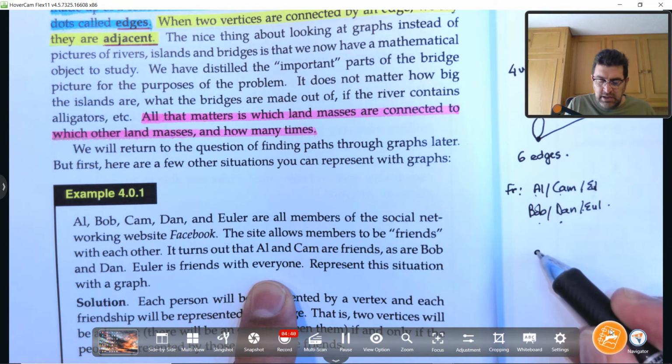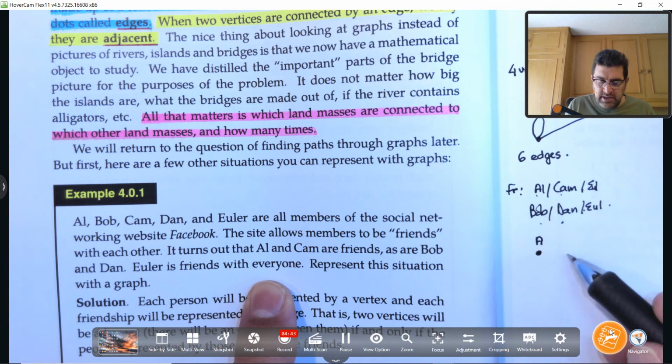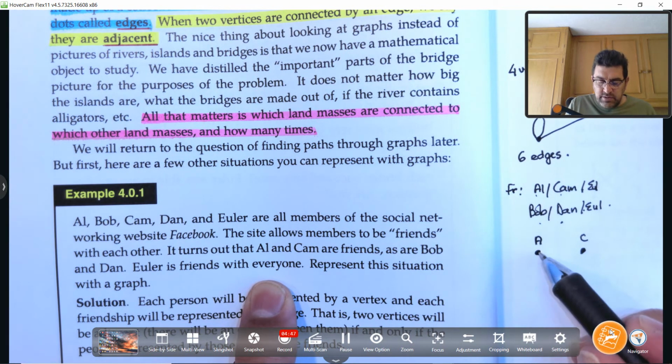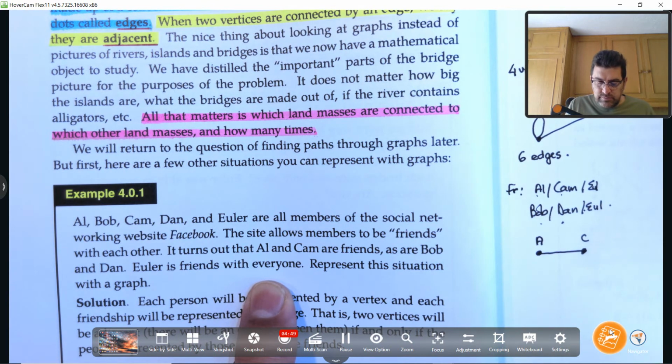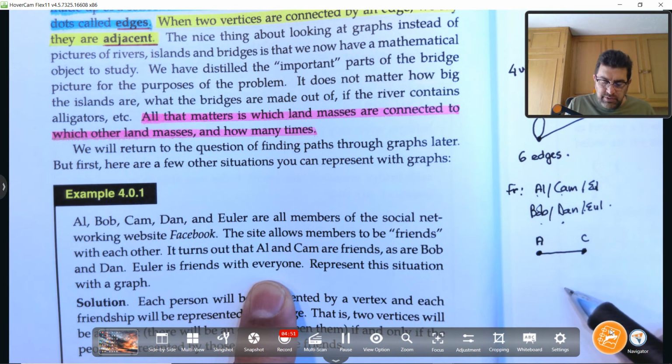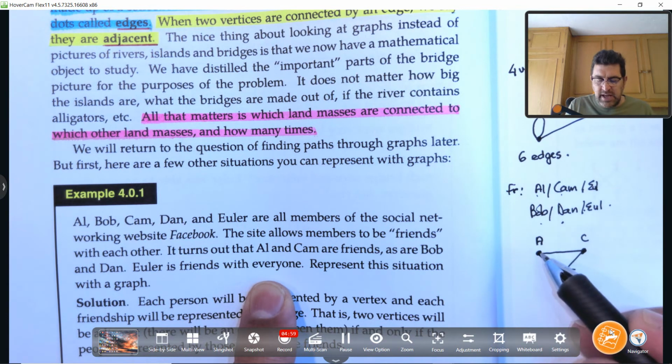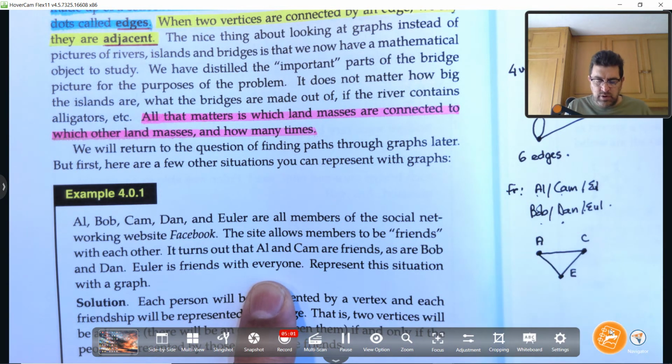First of all, Al and Cam are friends. So we're going to connect them with an edge. They both are friends with Euler. So there's an edge connecting Al with Euler and Cam with Euler.